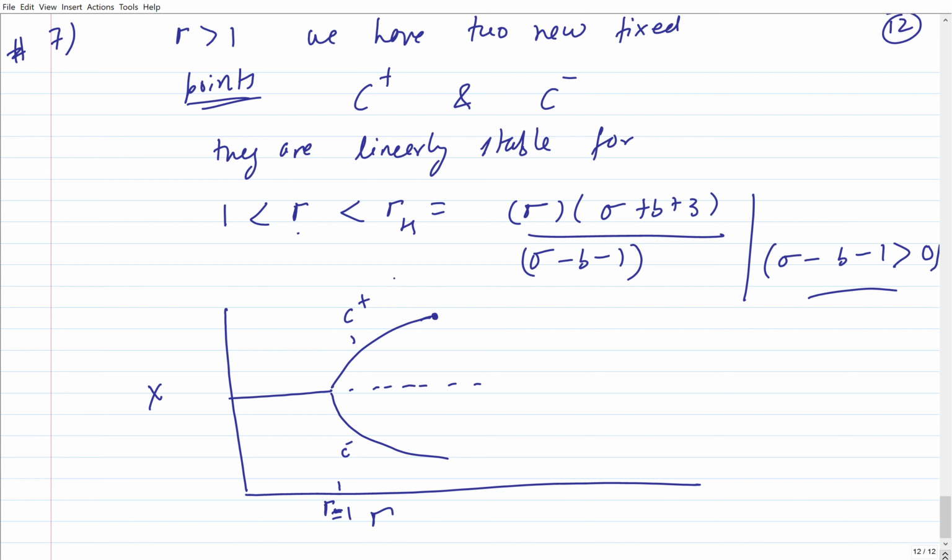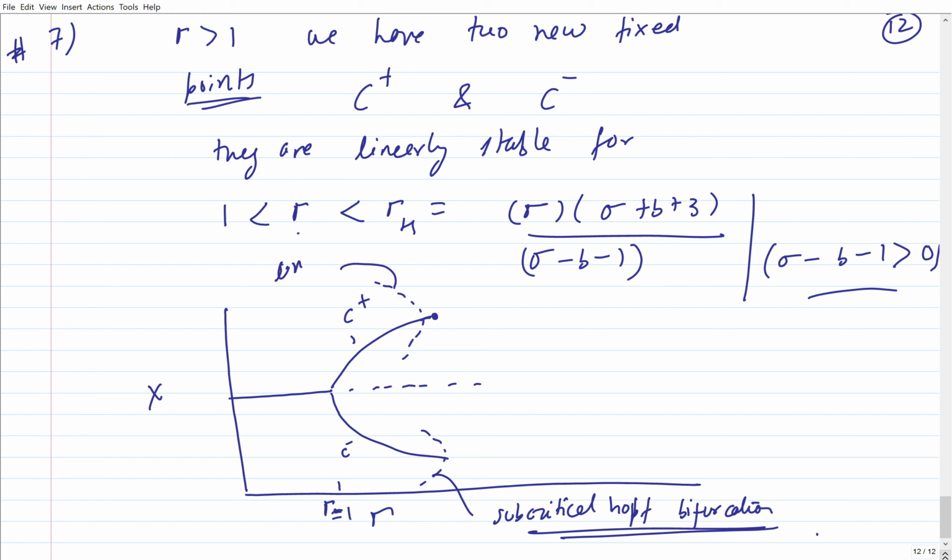And then, remember we did in the previous lecture, I have a subcritical Hopf bifurcation. Go back to your previous lecture for this sort of bifurcation diagram. And these are unstable cycles. And beyond them is a very interesting glimpse of our strange attractor.